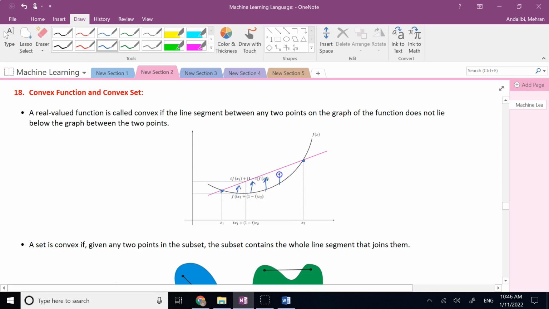Okay, so that's what we call a convex. If it was a concave function, then the line connecting the 2 points would be below the actual function, right? So that's the difference between this one, which is convex, and this one that is concave.